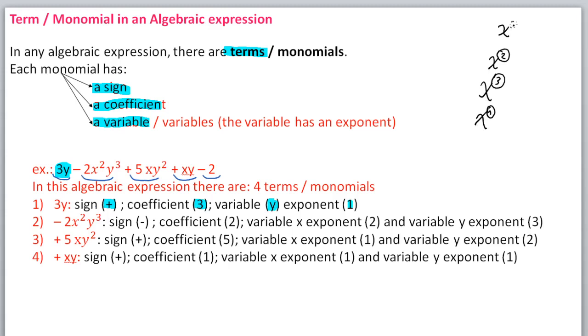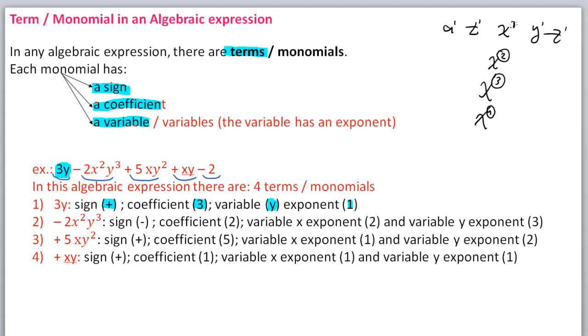But usually we never write 1. So we just write x or y or z or t or a. All of those variables have an exponent of 1, but we usually write them without the 1.